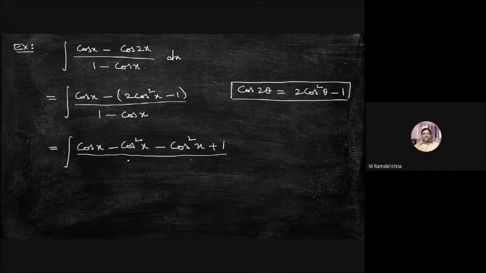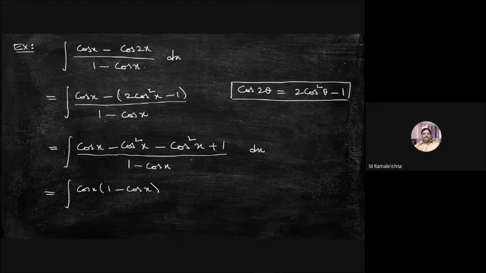Now, in the numerator, I am just taking cos x common from the first two. So when I take cos x common, 1 minus cos x will come out. Now, this, if you see, plus 1 minus cos square x form is there.